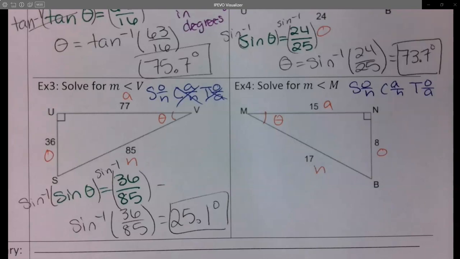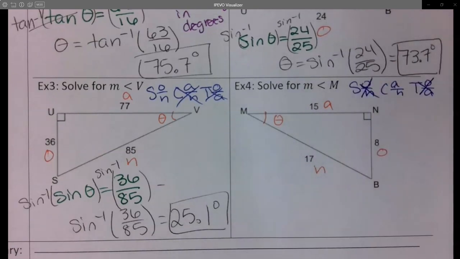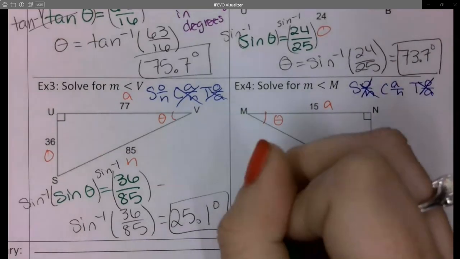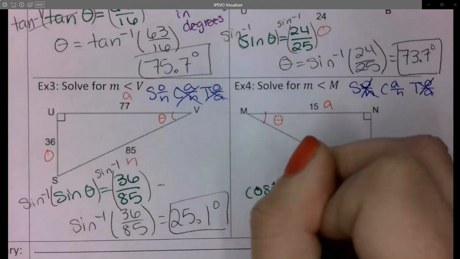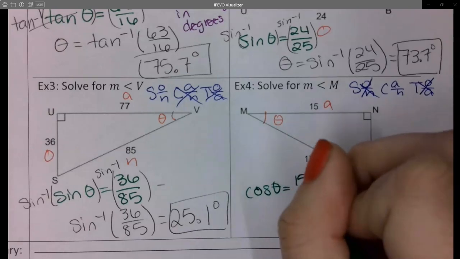Okay, so I can pick whichever trig function I want to use. I'm going to do cosine because we haven't done cosine yet, but you could do sine or tangent and you would get the same answer as me. So I'm going to have cosine of theta. What is going on top if I'm using cosine? And on bottom?